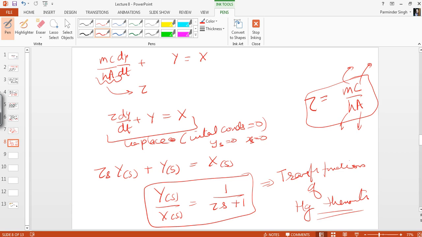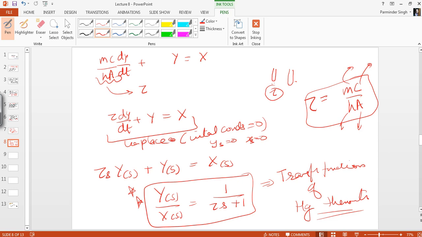So obviously if there are two different bulbs, the heat transfer area will be different. So two thermometers with different bulbs will have different values of tau. Clear? So this is the transfer function of mercury thermometer.